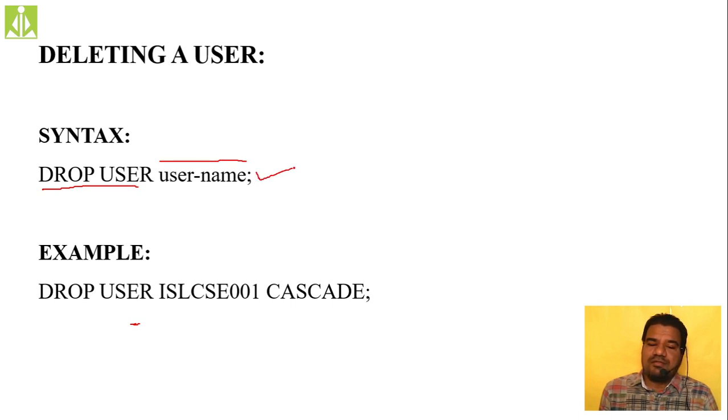One thing you have to remember, you cannot apply this drop user command to your system user. This is the default administrator. What is system over here? It is the default administrator, and don't try to delete it.